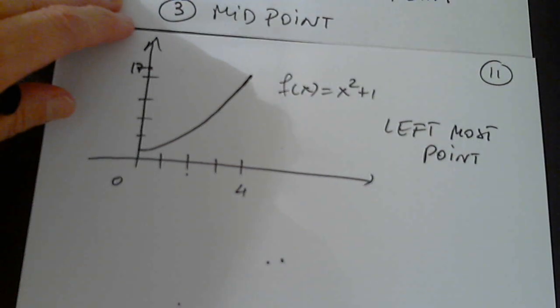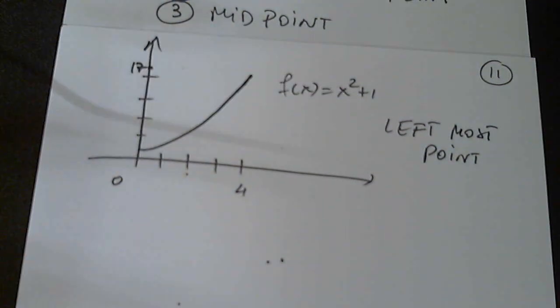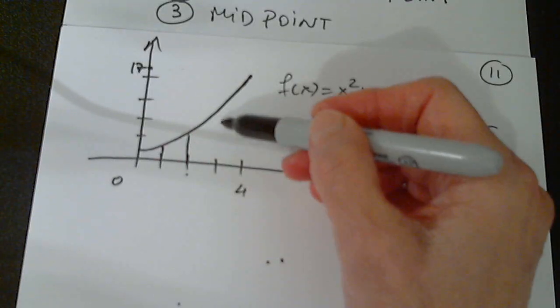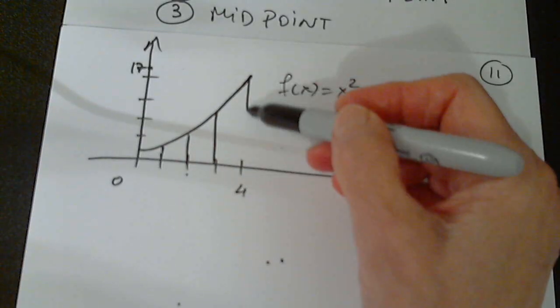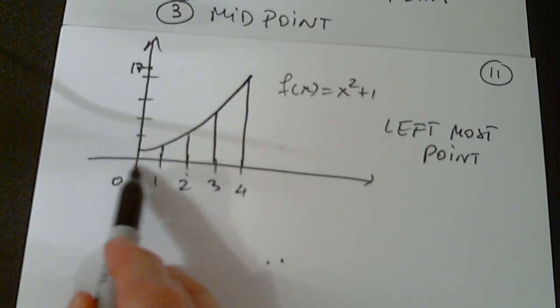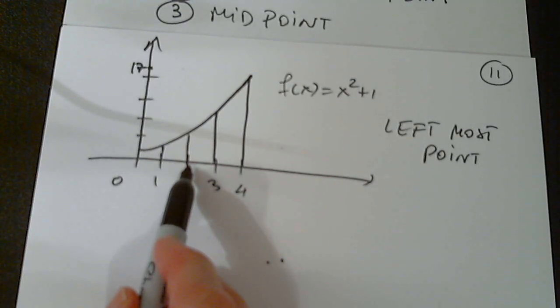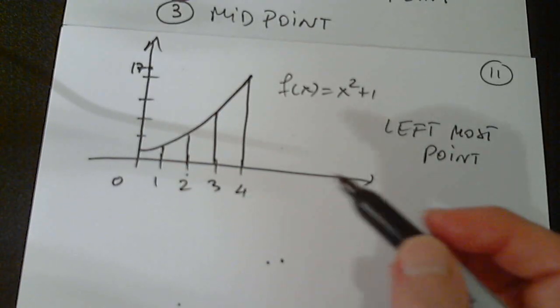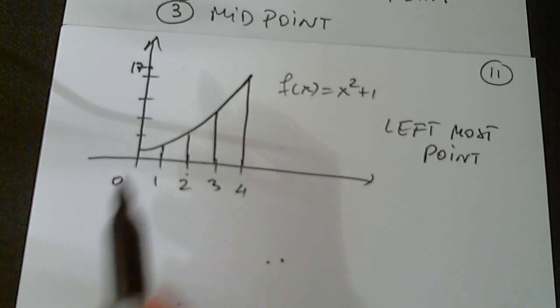Okay. I'm going to use 4 subintervals. So here's the first subinterval, here's the second one, here's the third one, and here's the fourth one. From 0 to 1, from 1 to 2, 2 to 3, 3 to 4. They're all the same width.